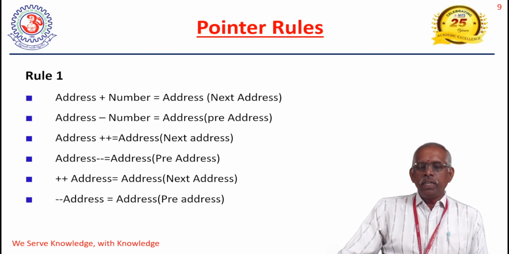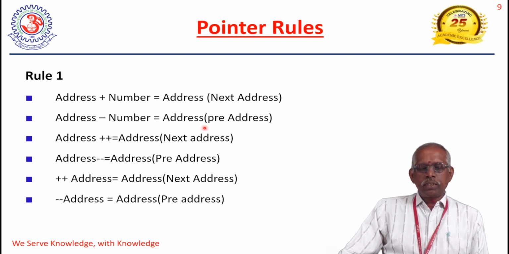This is valid, allowed. So here, for example, address plus number, say any number you can give, equals address of next. It will give an address value, an integer value. This is referring to the next address. The same way I can go for the previous address by giving the subtraction operation.